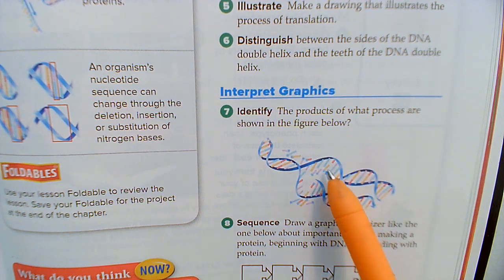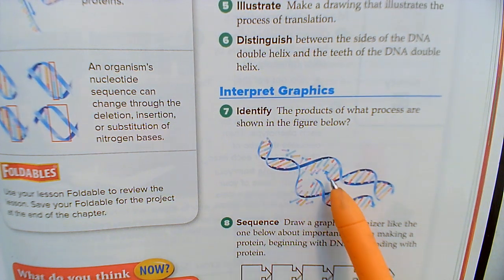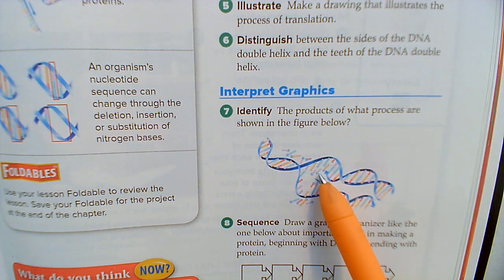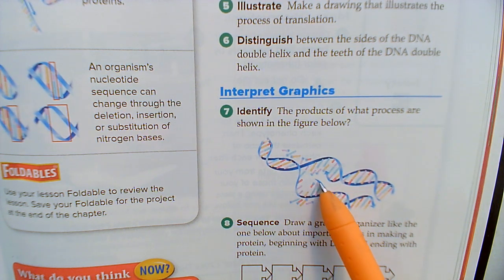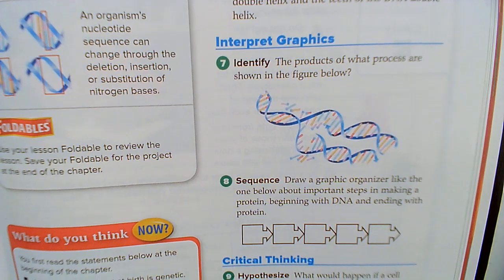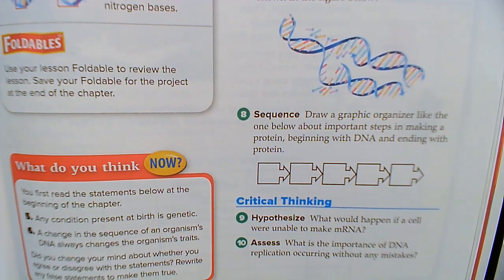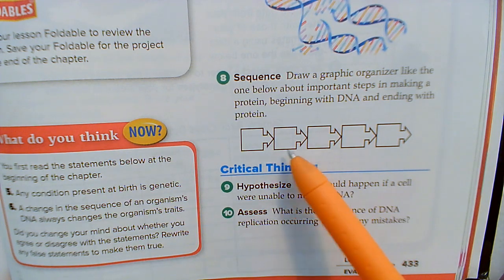This is making new DNA. Remember, it keeps this part of the DNA and is adding the other side. This part is being kept from this side and it's adding this side to it. Okay? So half of each new strand of DNA is made up of the old strand. Number 8.